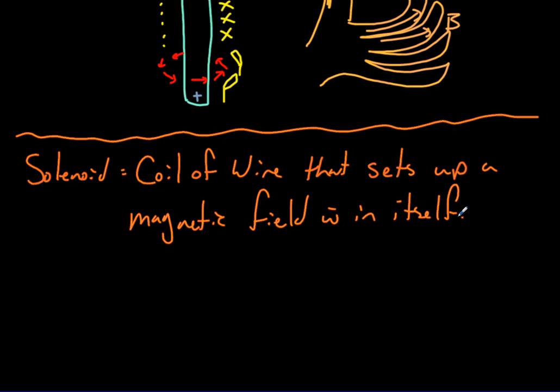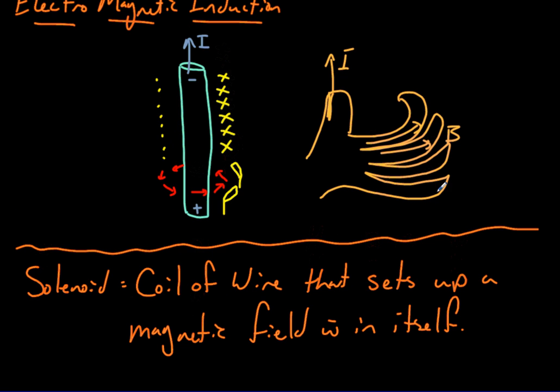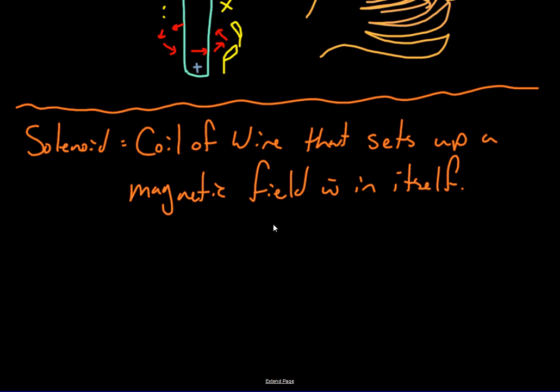What was the symbol that we used for magnetic field again, by the way? That's right, I drew it over here. It's B. B is the symbol for magnetic field. A little bit later, we'll get into what units B is measured in, but for now, the symbol of it is just going to be B. So a coil of wire that sets up a magnetic field within itself.